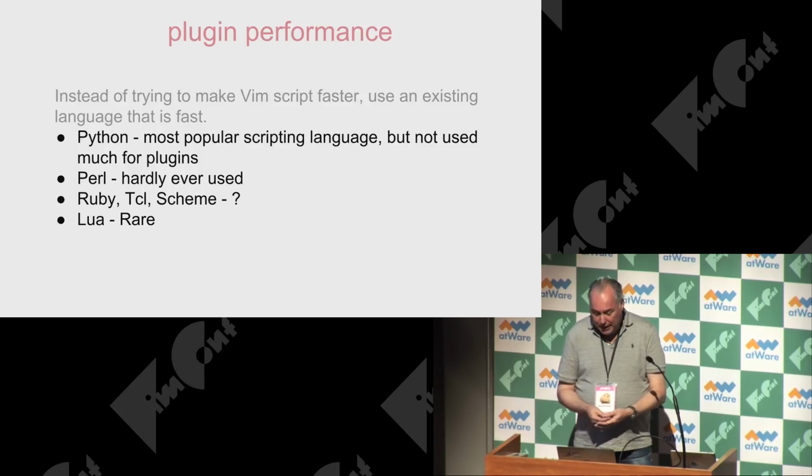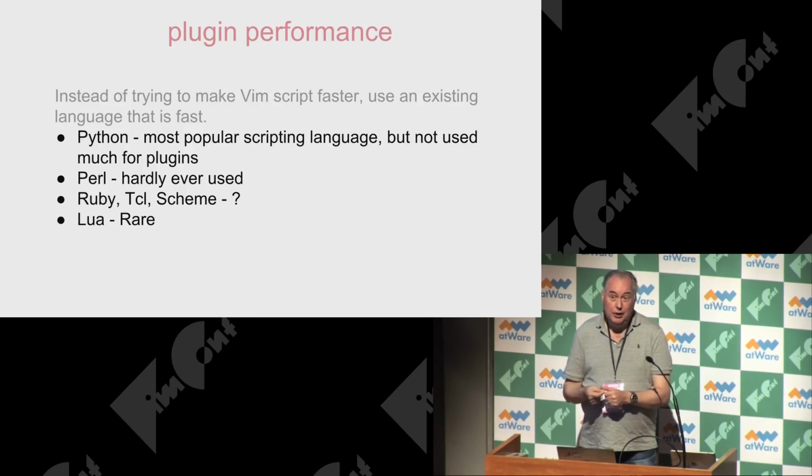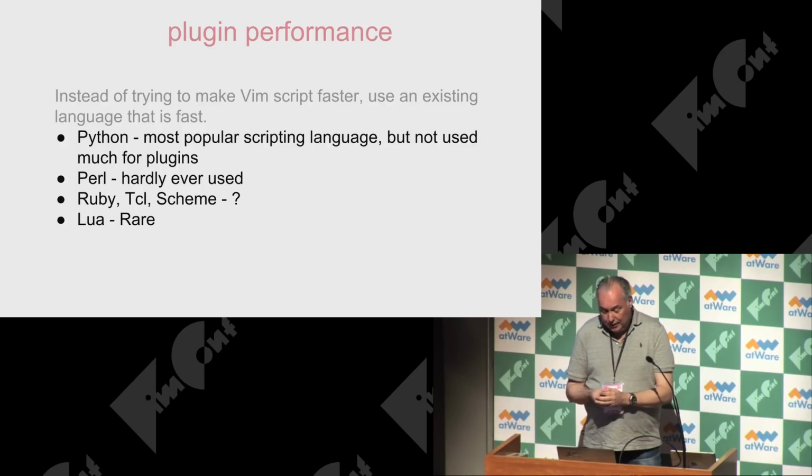The problem is mainly that plugin authors, first of all, need to know the language, so you also need to know Python. You still need to write Vim script, of course, so it's an extra language you need to learn and understand. And then you have the problem, it might not work everywhere. Not every Vim has Python built in.